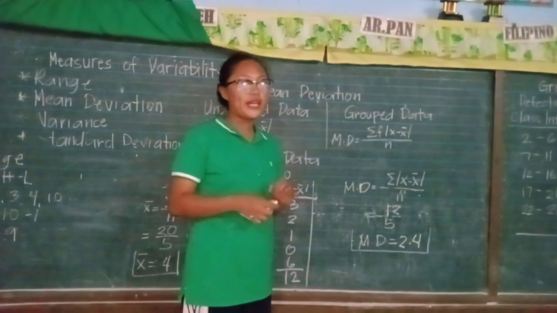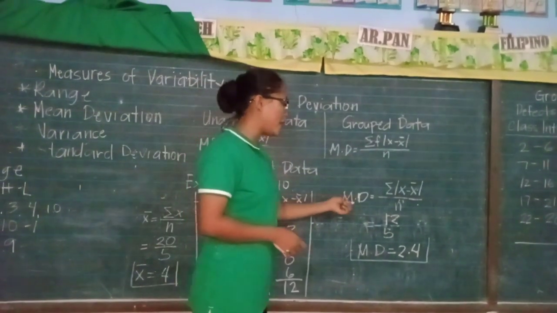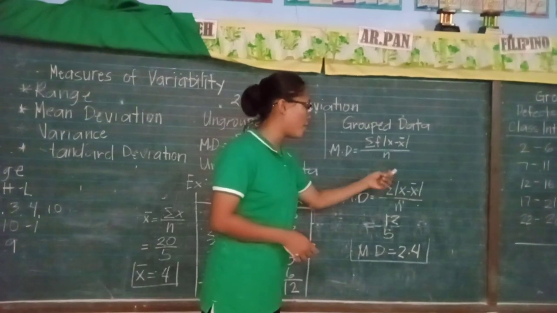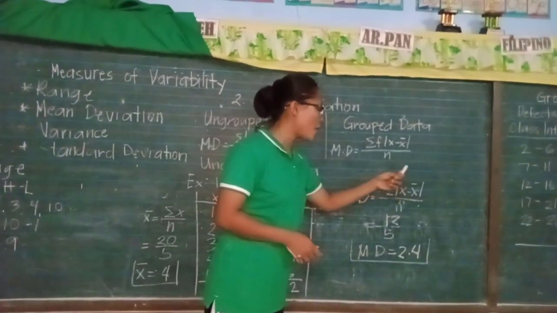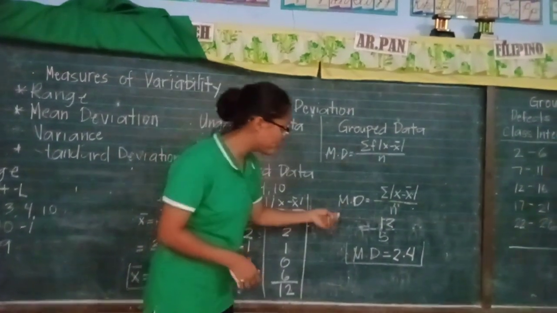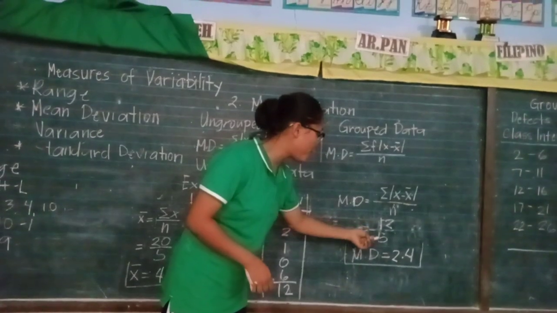And to get our mean deviation, we will use this formula, and that is MD is equal to the summation of the absolute value of X minus mean over N, and that will be equal to 12 over 5.